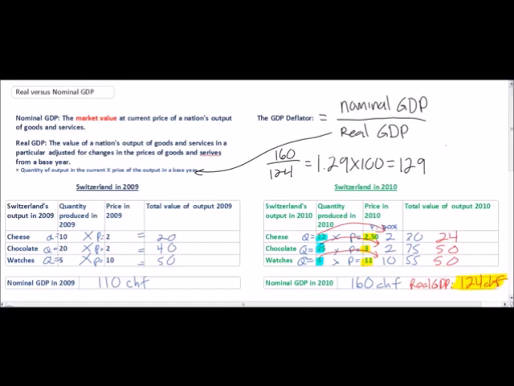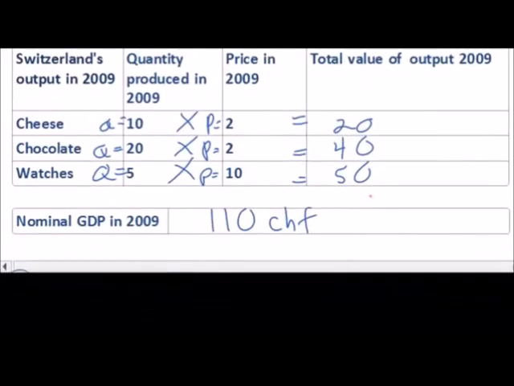Well, this tells us basically that the average price of goods in Switzerland between 2009 and 2010 increased by 29%. How do we know that? Well, we could find the GDP deflator index for 2009 by doing the same calculation. Since 2009 is our base year, however, we can simply see that the GDP deflator index for 2009 is Switzerland's nominal GDP in 2009.